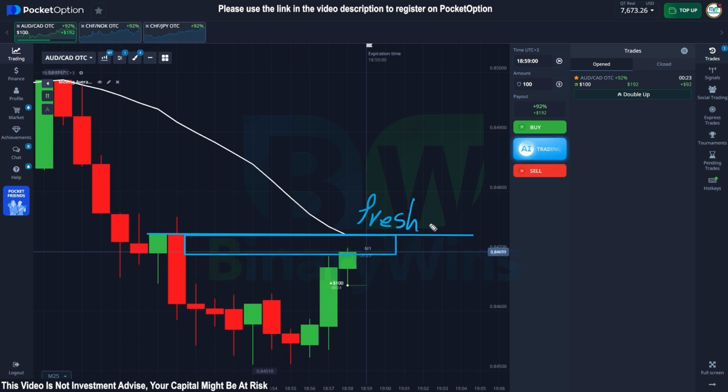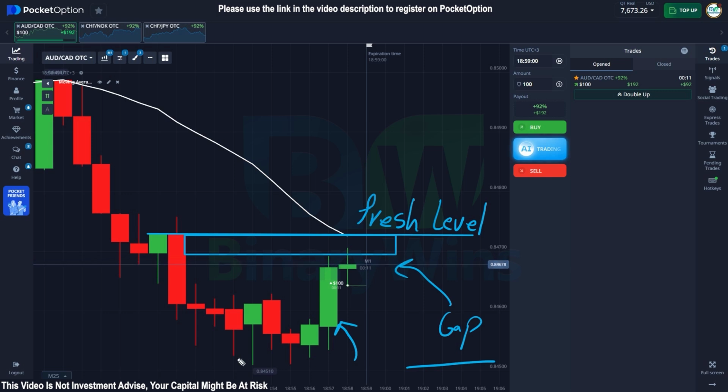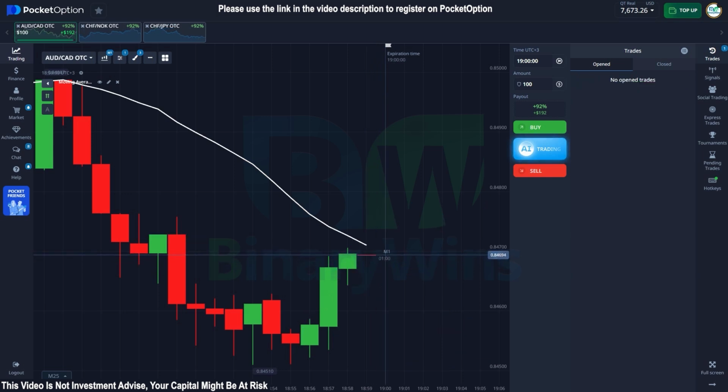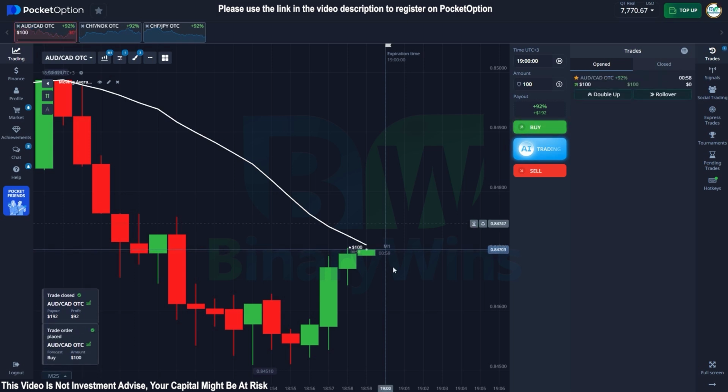Okay? Fresh level. We have a strong green candle and there is a possibility of the retracement trend continuing. That's why I entered the higher trade.